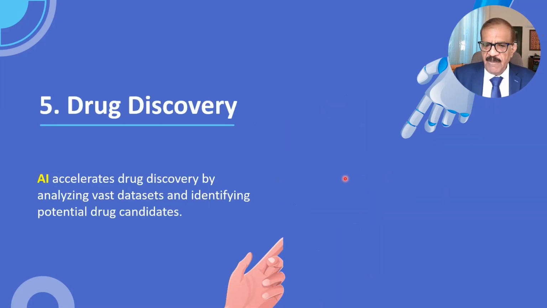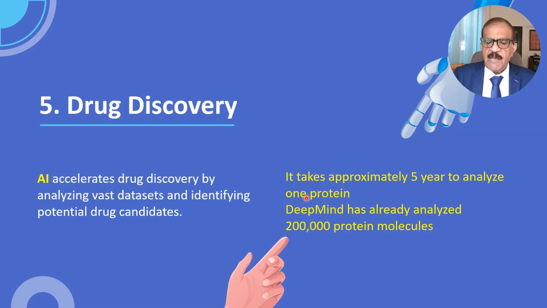Now, drug discovery. We still have many diseases for which there are no drugs, and even when we have drugs we are still trying to find better ones, like antibiotics, anti-diabetics, antihypertensives. Artificial intelligence can help us find new drugs much faster. It takes approximately 5 years to analyze one protein molecule, and one can actually do a PhD on one single protein molecule.